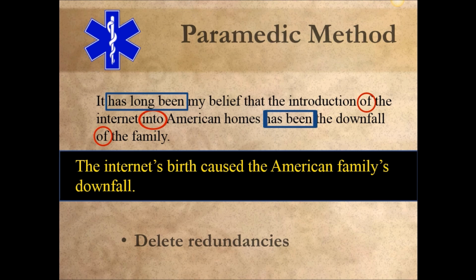To me, that seems like a redundancy. Now, if you're writing your paper and you really need to emphasize that the internet has entered the home and that's what has broken up the family, then you may need to leave that part of the sentence in there. That's a decision that you can make. But in this case, I felt like it was a redundancy, so I took it out.